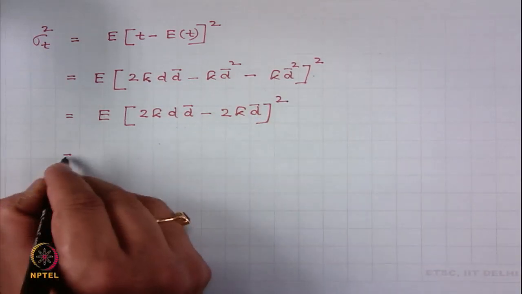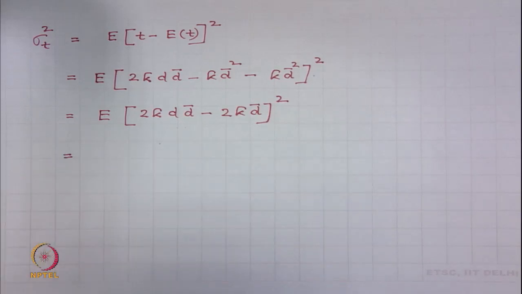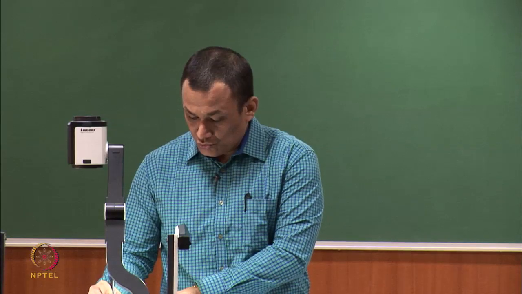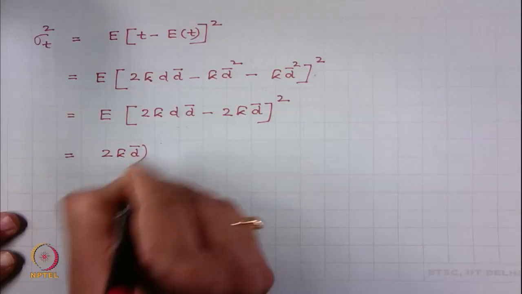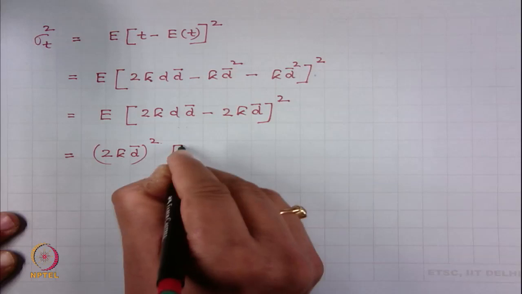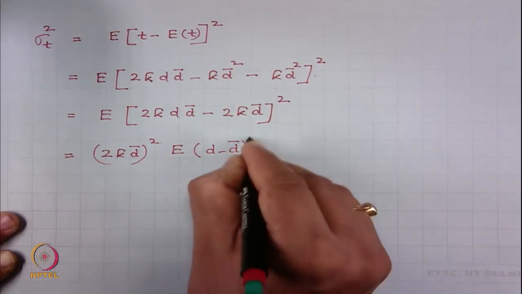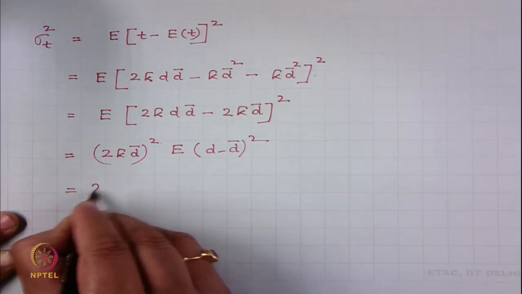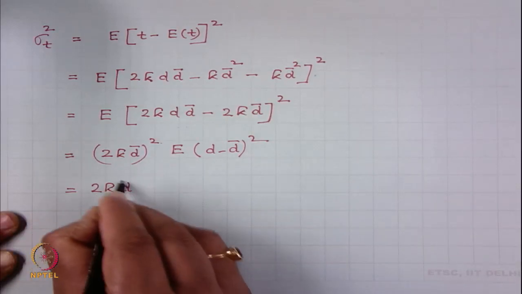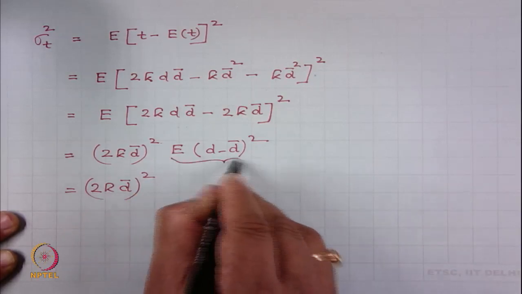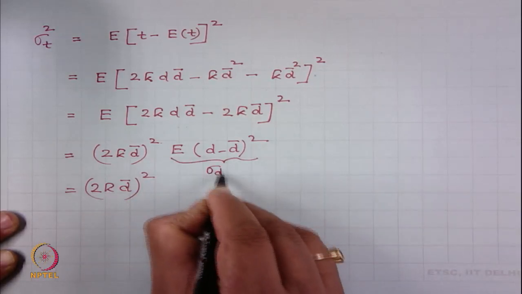So, here 2 k d bar is constant. So, 2 k d bar into expectation of d minus d bar square. So, 2 k d bar square, expectation of d minus d bar square, that is sigma d squared.